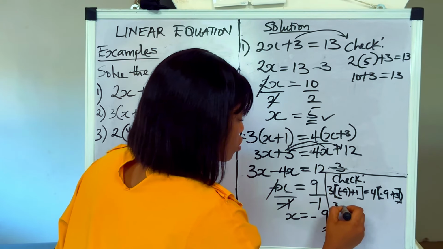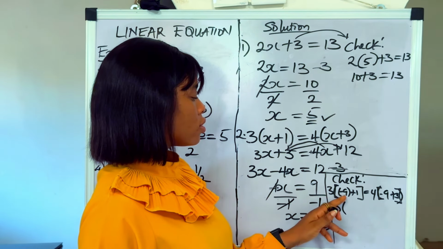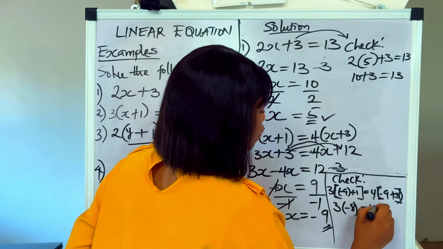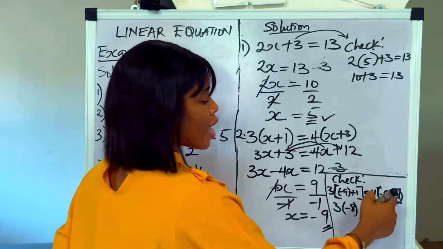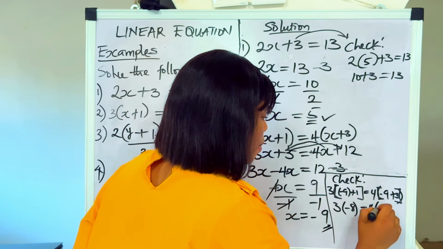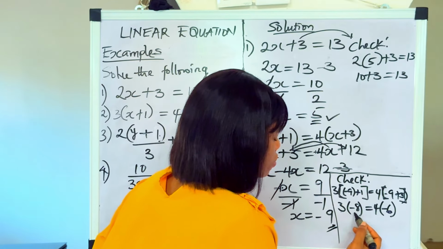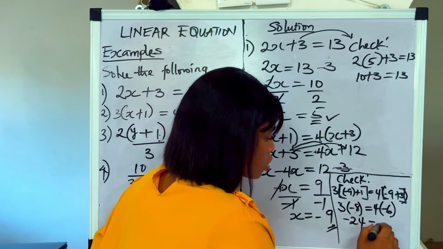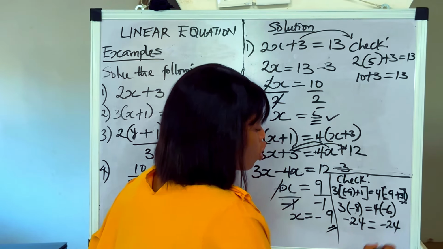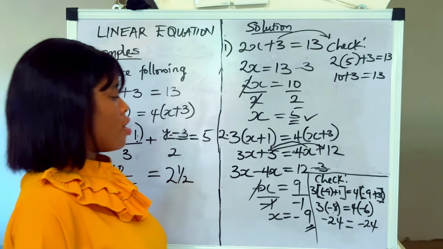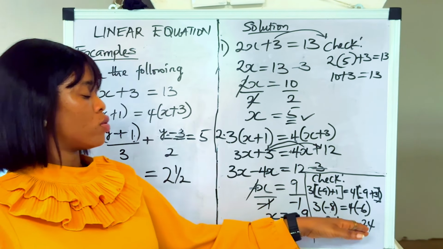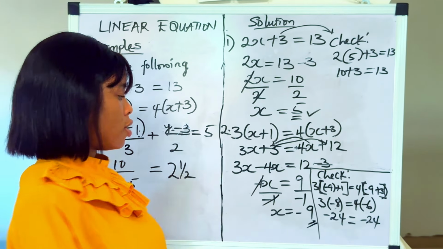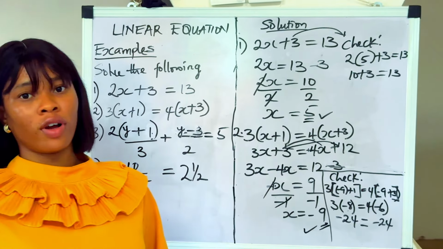So this gives us 3 into brackets minus 9 plus 1 is minus 8 equals 4 into brackets minus 9 plus 3 is minus 6. 3 times minus 8 gives us minus 24 equals 4 times minus 6 gives minus 24. So you can see that whatever is on the left hand side is equal to whatever is on the right hand side for x equals minus 9. So this is the true value of x.